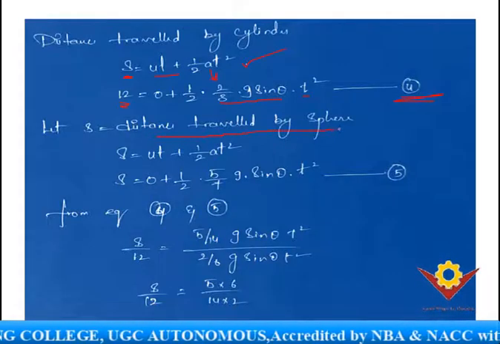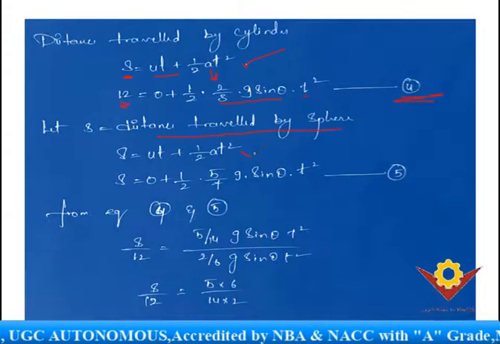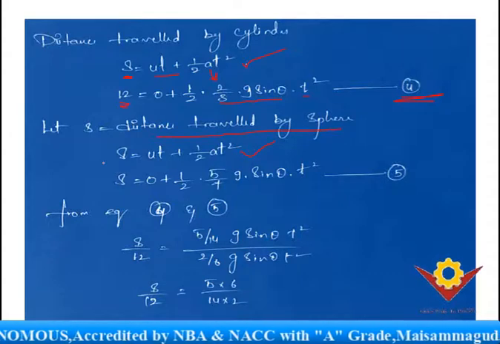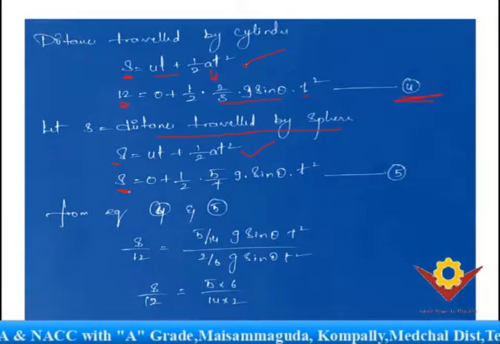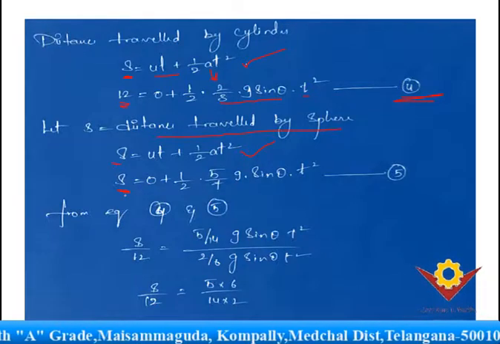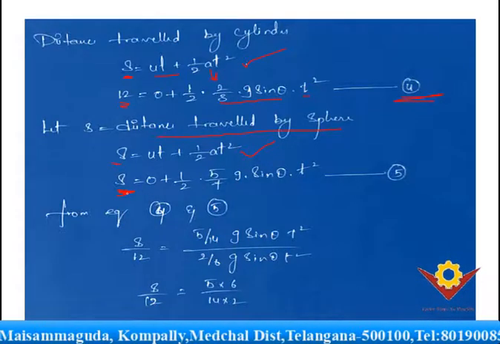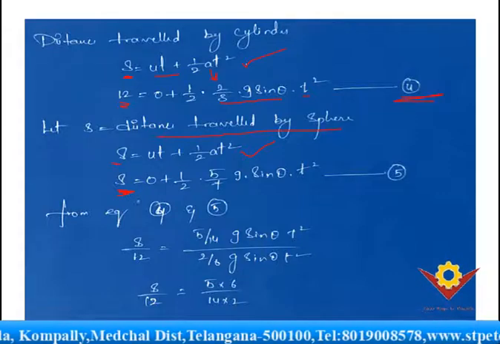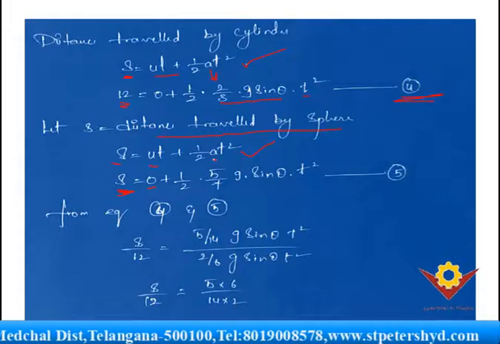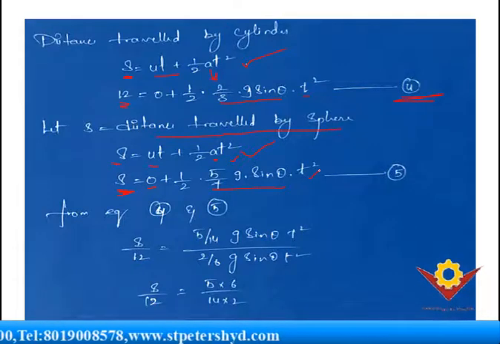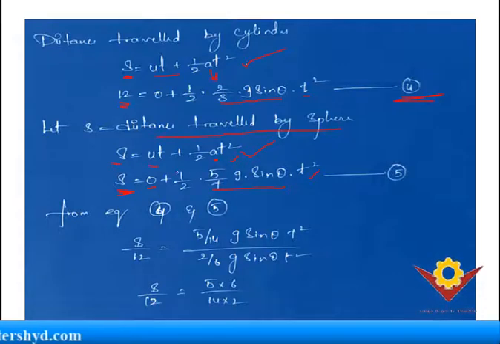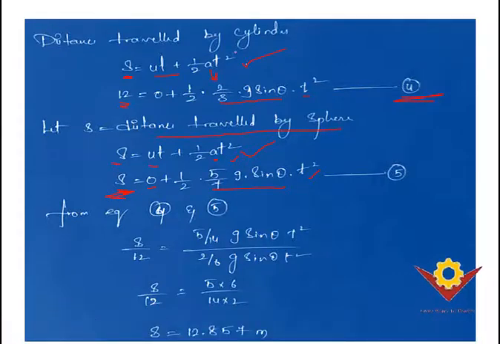Now if s is the distance traveled by the sphere, take the same equation of motion. We don't know the distance for the sphere, and we have to find it. The initial velocity is 0, the acceleration of the sphere is 5 by 7 g sin theta, and t square. So once again, what do we require? The distance it traveled.